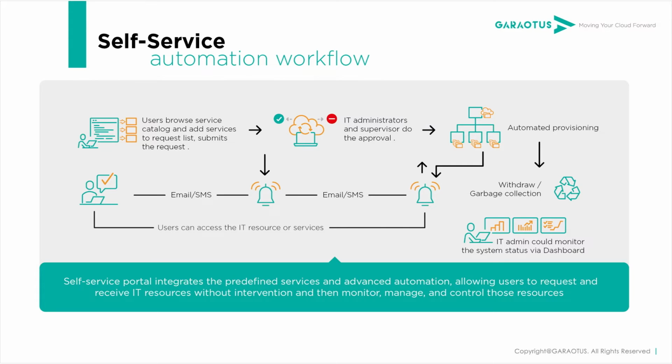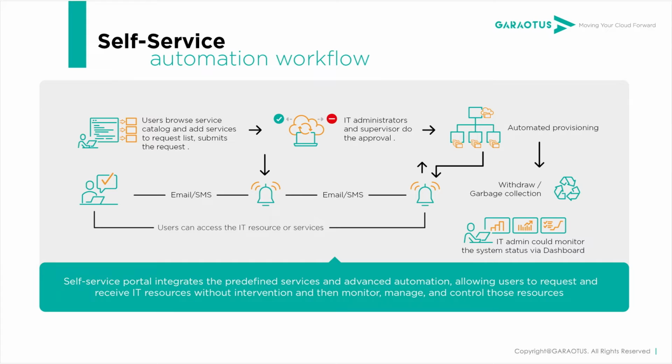Once it's approved, the GARAOTUS Cloud Platform will do the provisioning and then notify the user by email or SMS, so they know the service is already on and available for them to use.